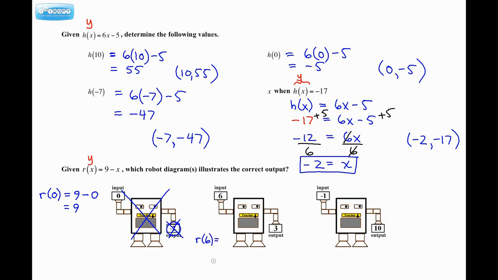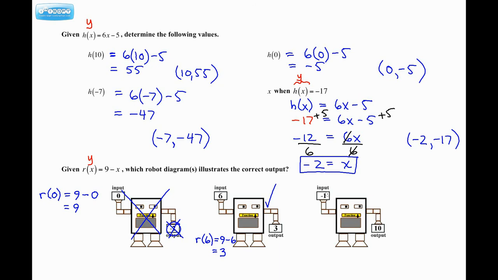So this is 9 minus x, but x is 6. 9 minus 6 is 3, and that's the output that it gives us. So, good robot.